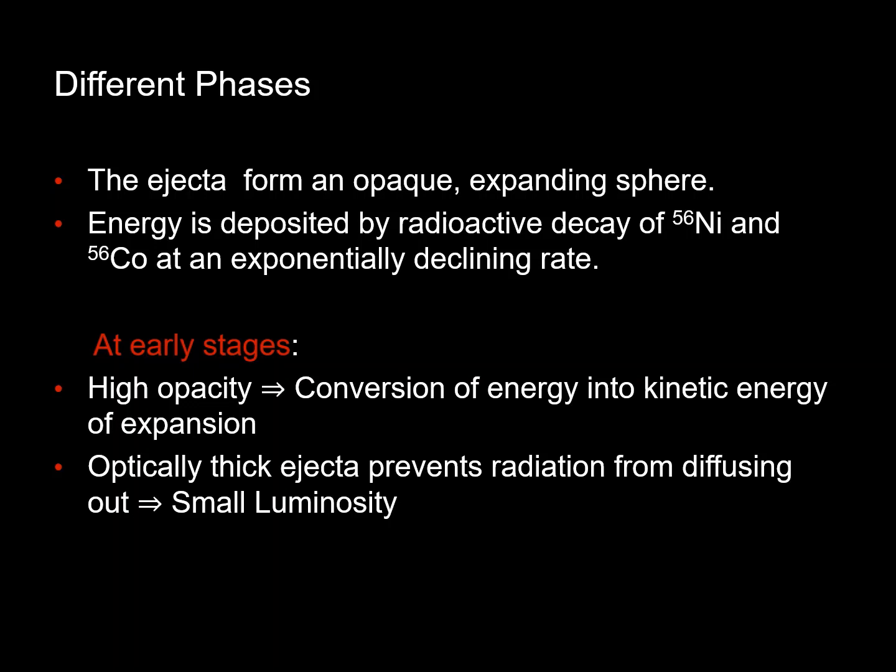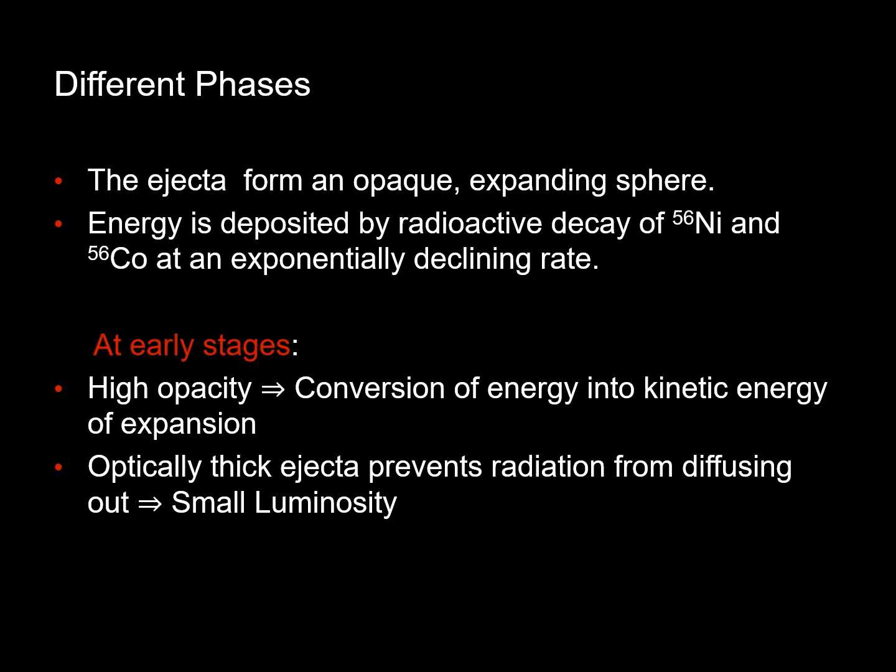During the early stages of the light curve, when the luminosity is very low, there is very high opacity of the ejecta, and so the internal energy is being converted into kinetic energy during expansion, and due to high opacity, the diffusion of any photon through the ejecta is not very favorable.